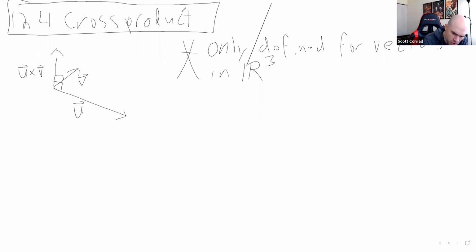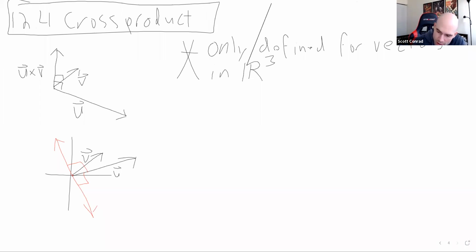But if we're in R2, suppose I have two vectors u and v. All the vectors which are orthogonal to u lie either in this direction or in this direction, right? They point in one of those two directions, that way or negative in that way.